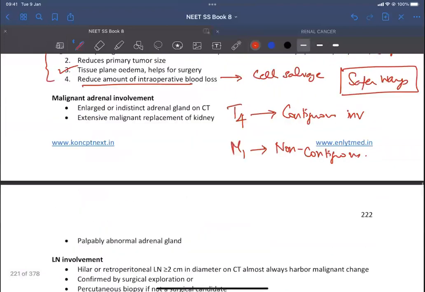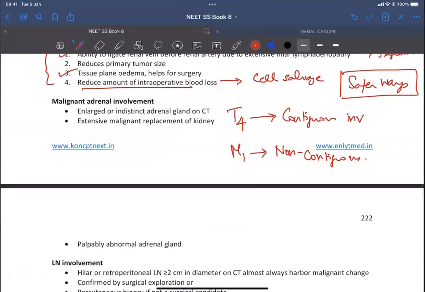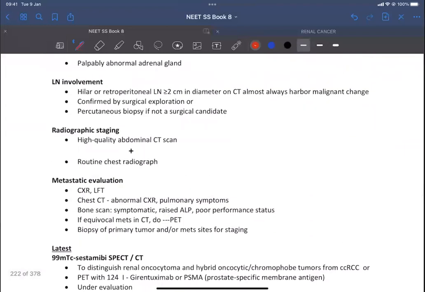However, if you've got a large, extensively malignant tumor, or you're not able to see the adrenal gland clearly, or if there are any signs of an adrenal lesion on CT, then it is safer to remove the adrenal gland, because you most likely have a normal adrenal gland on the other side.